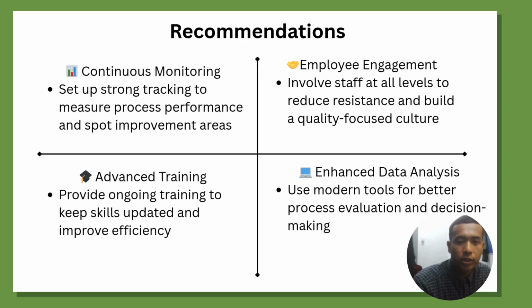Employee engagement is to involve staff at all levels to reduce resistance and build a quality-focused culture. The third one is advanced training. Advanced training will provide ongoing training to keep skills updated and improve efficiency. And the last one is enhanced data analysis. Use modern tools for better process evaluation and decision making.